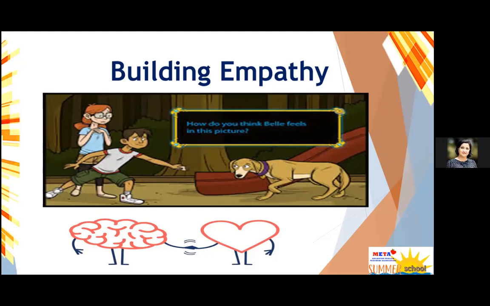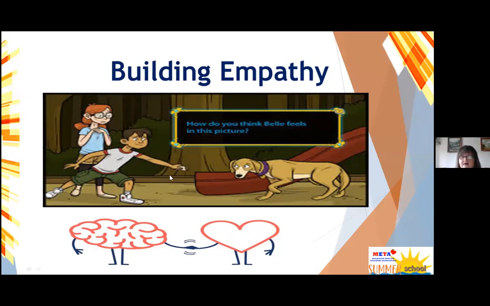Yes. Any other idea? She's probably confident that her friend will protect her. Okay. And one idea more, please. She's also probably thinking about the fact that the boy might hurt the dog.